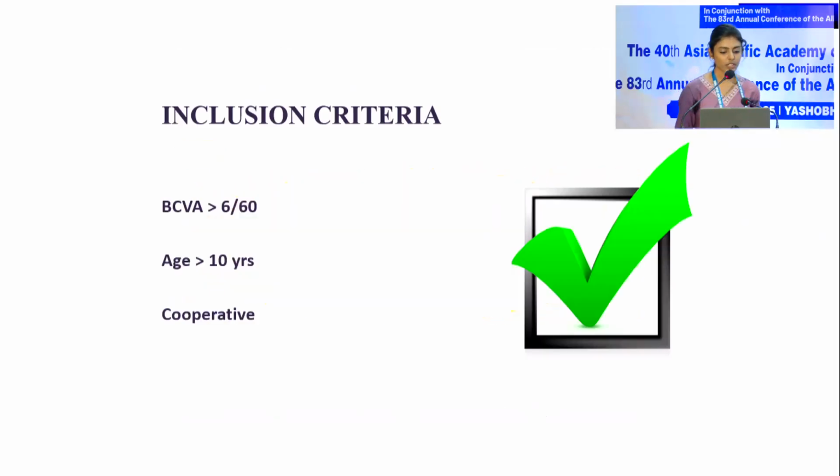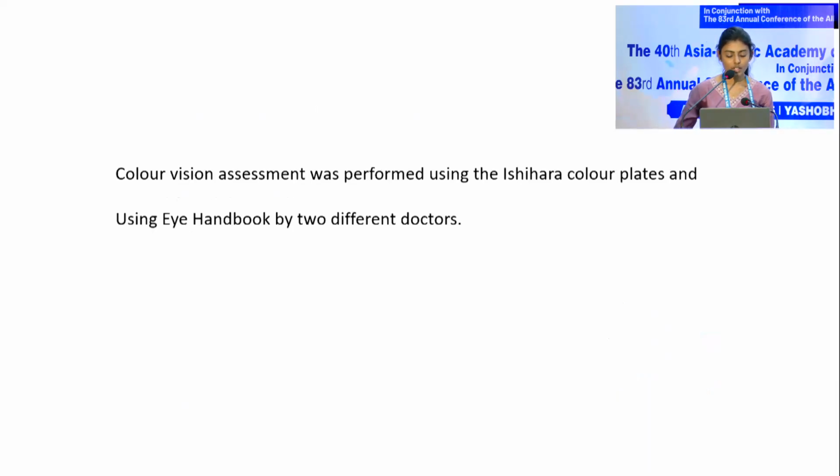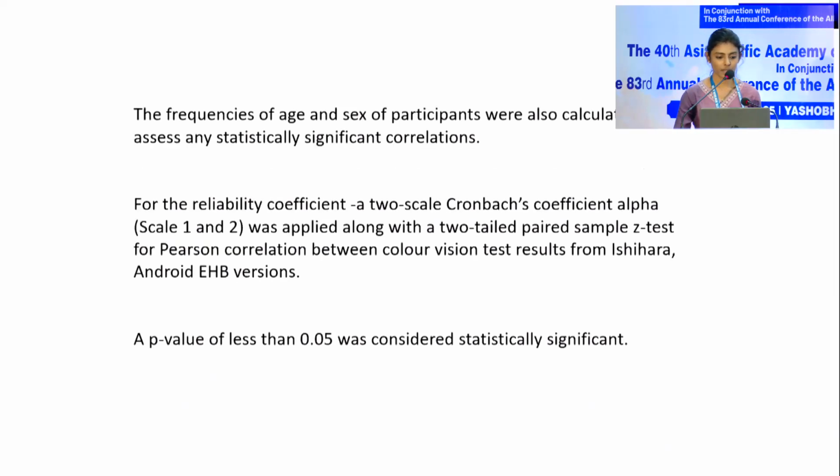The inclusion criteria: best corrected visual acuity better than 6/60, age more than 10 years, and all cooperative patients are included. Patients with mature cataract, psychiatric illness, and known case of color blindness are excluded. Color vision assessment was performed using the Ishihara plates and the iHandbook by 2 different doctors. The frequencies of age and sex of the participants were also calculated to assess any statistically significant correlations.